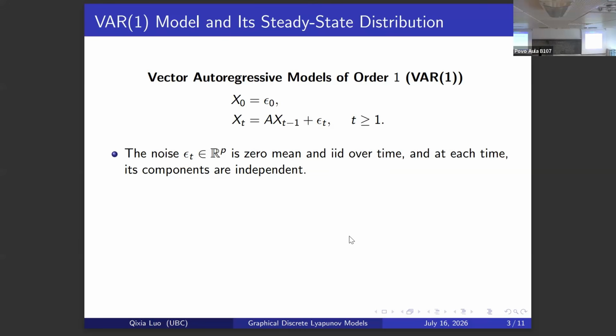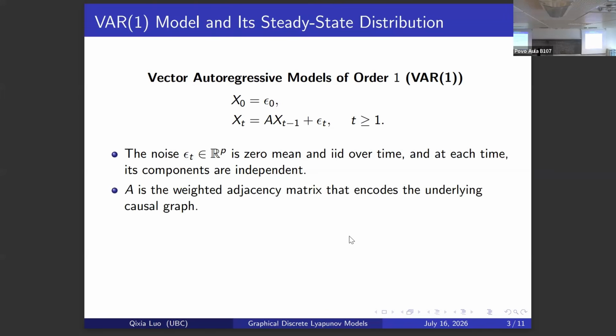At time 0, x0 is just equal to some noise vector, and then for each time t bigger than or equal to 1, xt is equal to some fixed matrix A times x_{t-1} plus a fresh noise vector epsilon_t. Some assumptions on the noise process are that it's always zero mean and IID over time, and at each time, its components are independent, but not necessarily identically distributed.